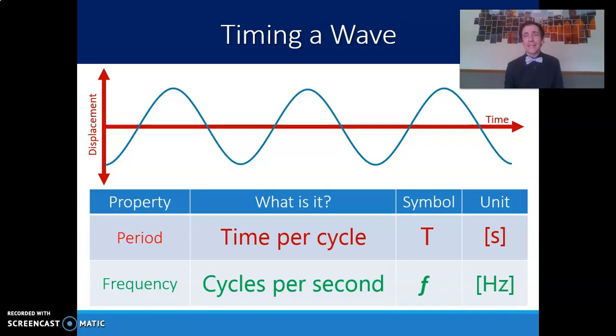So, for instance, a common sound might have a frequency of like 526 hertz. That means that there's 526 vibrations back and forth every second. So typically frequency is going to be really, really useful when we're defining sound and light because the number of cycles per second is a lot, but the time for each individual cycle is very, very small.